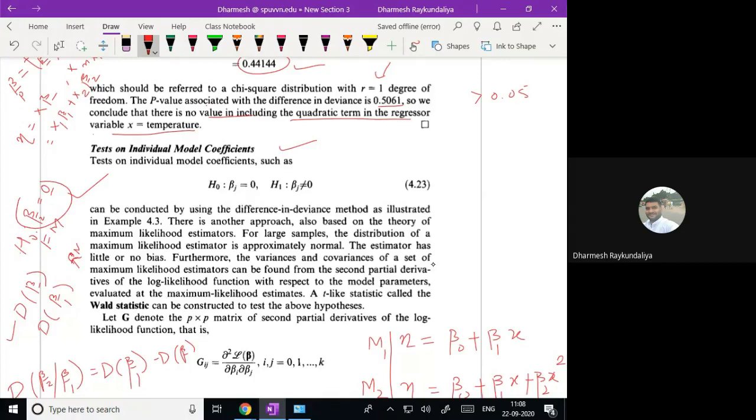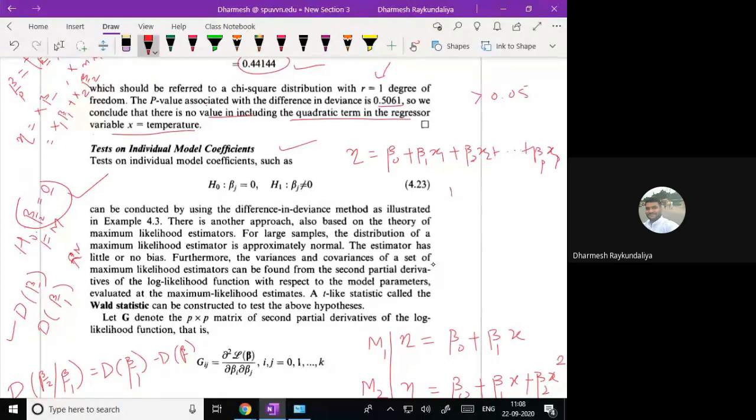So a test of an individual model coefficient means, let us say my linear predictor is something like beta 0 plus beta 1 x1 plus beta 2 x2 plus up to beta p xp.